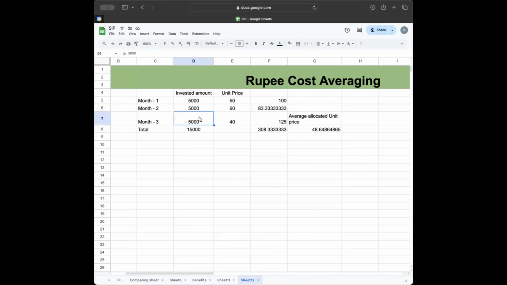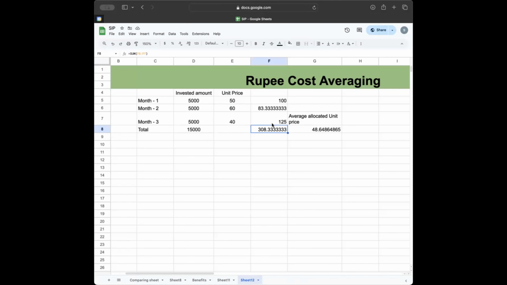In the third month, let's imagine the market takes a dip and the unit price drops to 40. This time, for 5,000, I'll get 125 units allocated. So by the end of 3 months, I have invested 15,000 rupees and I have accumulated 308 units.